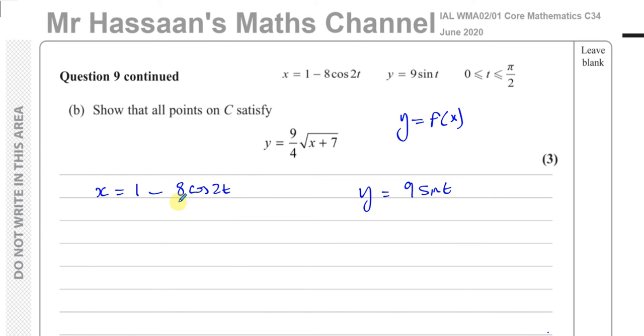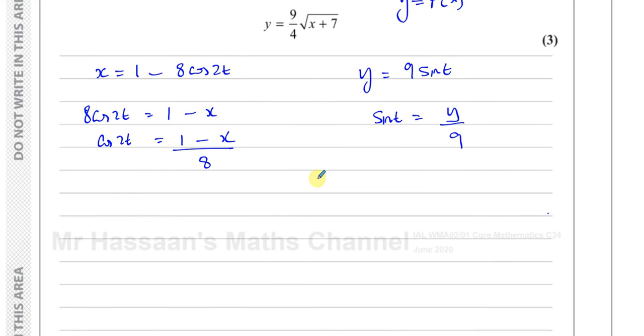So if I make cosine 2t the subject of this, first I add 8 cosine 2t to both sides. I subtract x on both sides. Divide both sides by 8. Now cosine 2t is the subject of this. And for this one, to make sine t the subject is very simple. It's just divide both sides by 9. So I've got cosine 2t the subject of this formula, and sine t the subject of that formula.